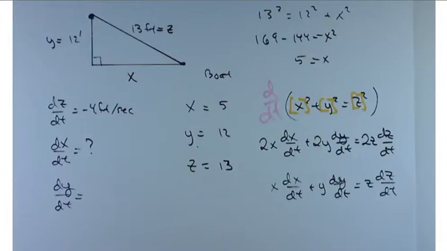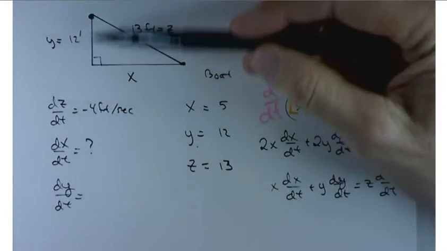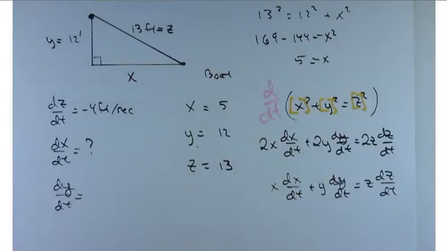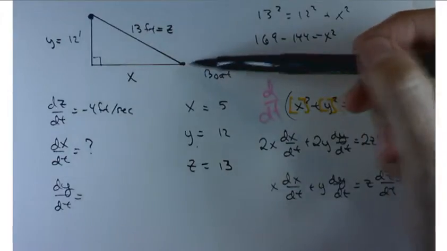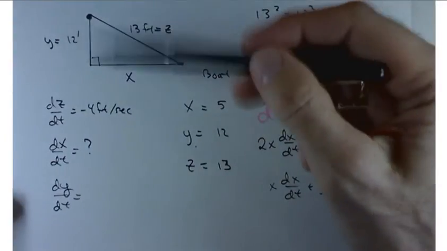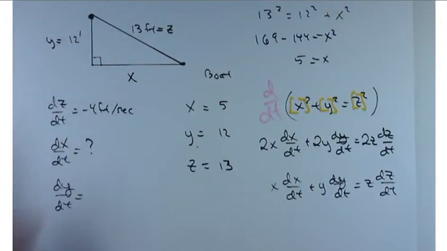Well, let's think about what that is. That's how high the top of the winch is above the deck of the boat. It's this distance. So what could I put for dy by dt? 0.